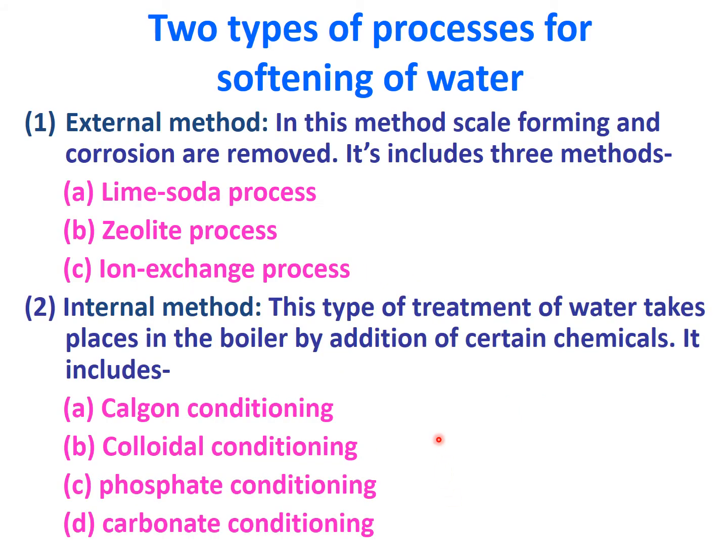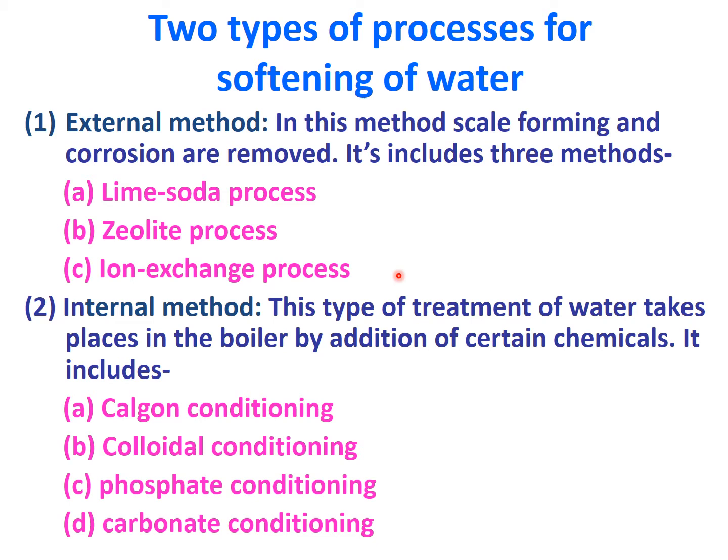Softening of water can be achieved by two methods: one is the external method, another is the internal method. In the external method, scale formation and corrosion are removed. It includes three methods: lime soda process, zeolite process, and ion exchange process.